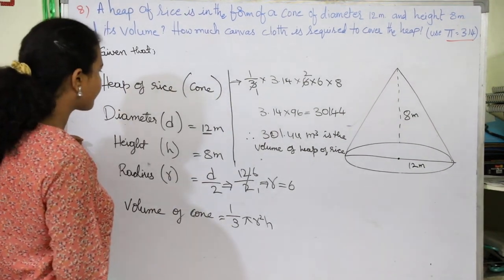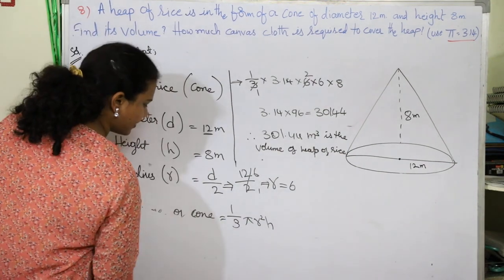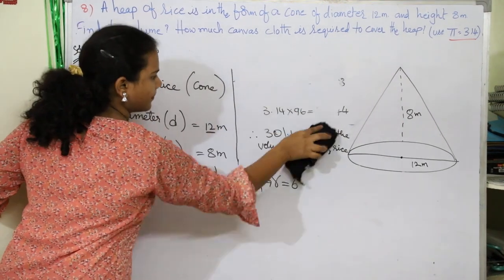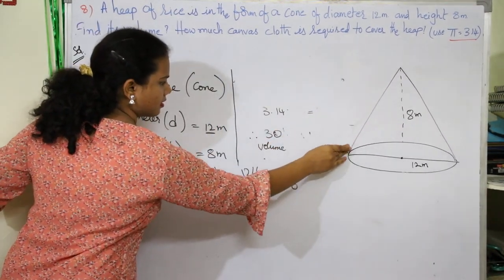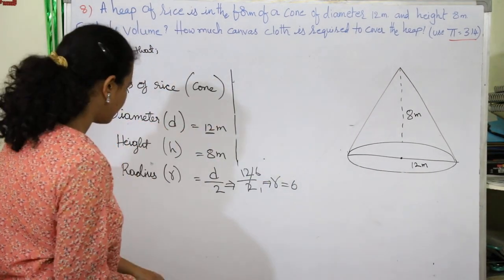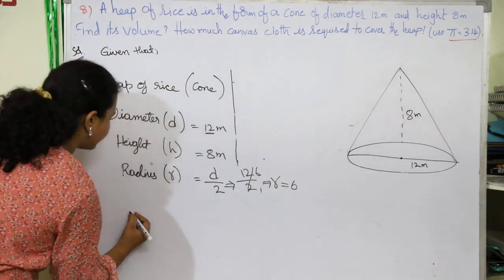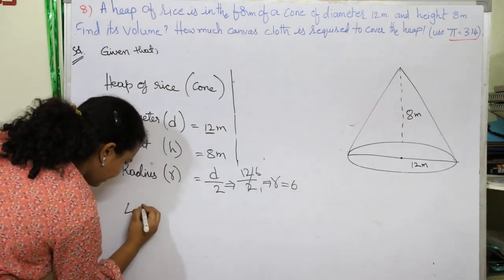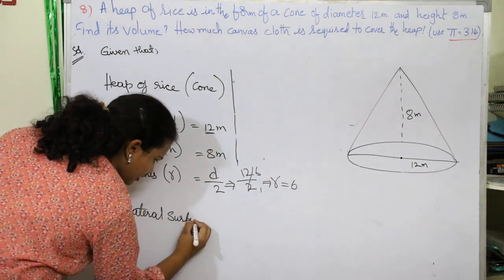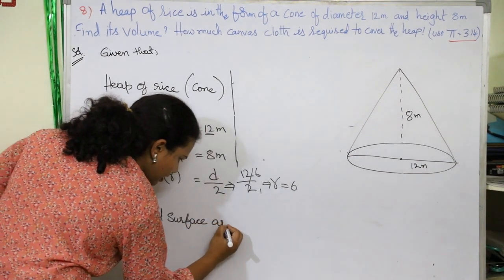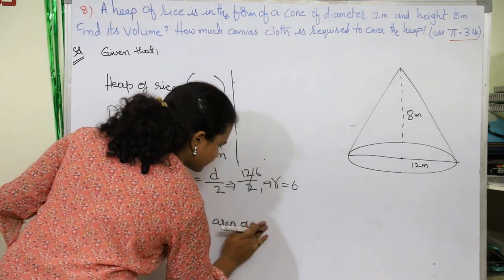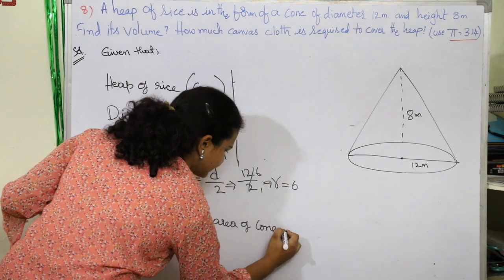So, okay, let me go on. Again note down the lateral surface area, LSA, of the cone.